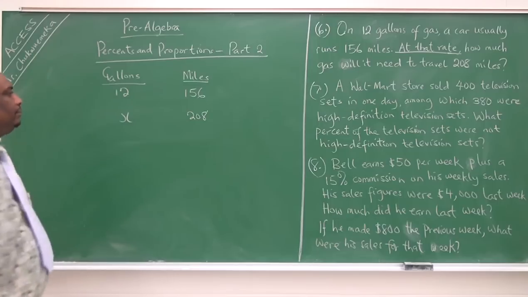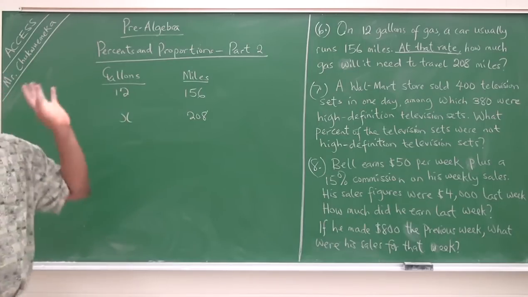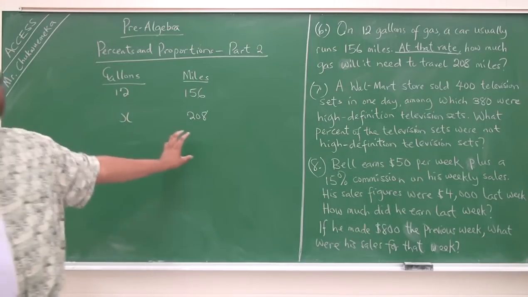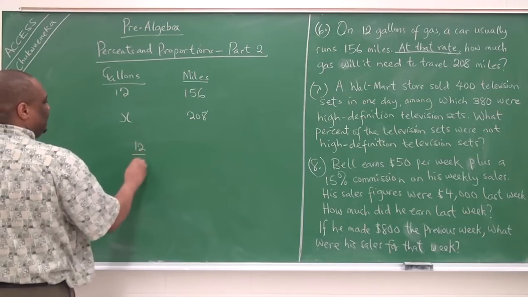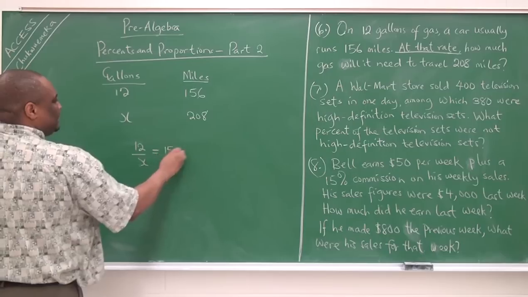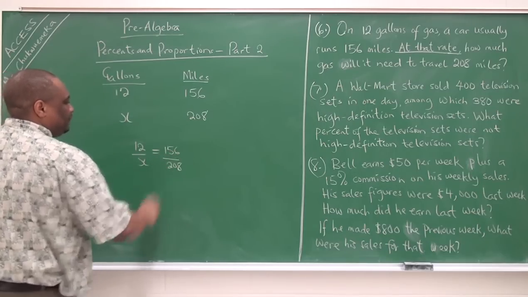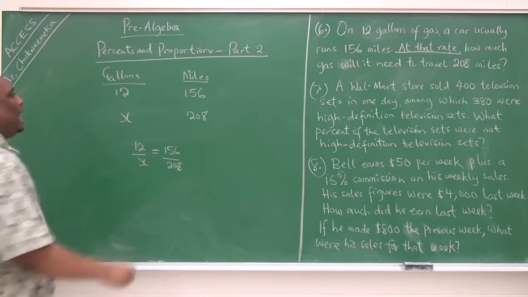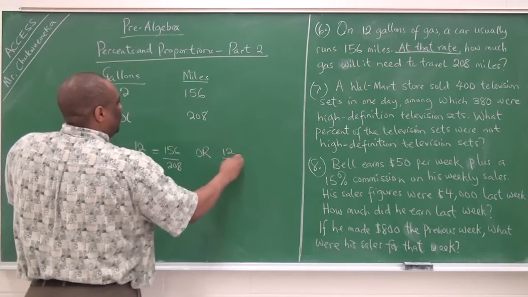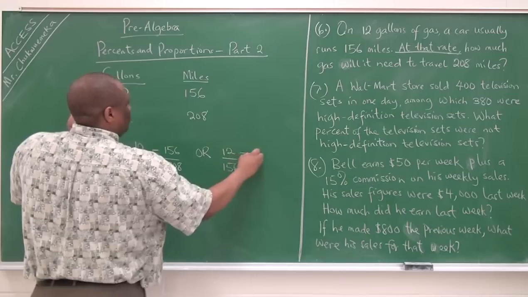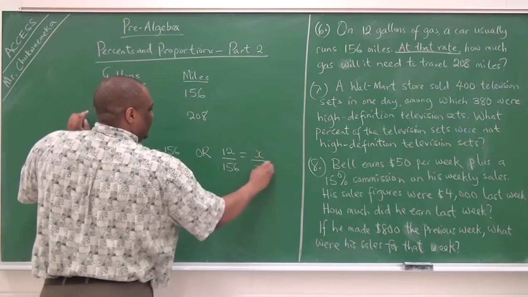Let it be X. This is a good example of proportion. You just compare. Now this is 12 over X equal to 156 over 208. Or you can say 12 over 156 is equal to X over 208.